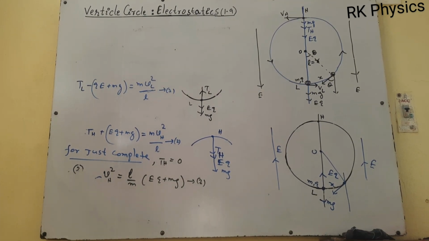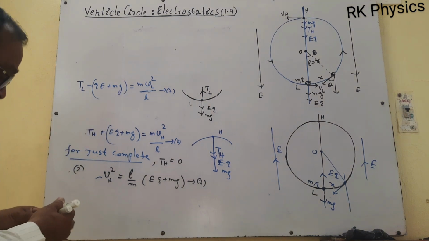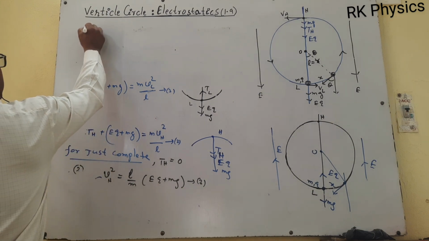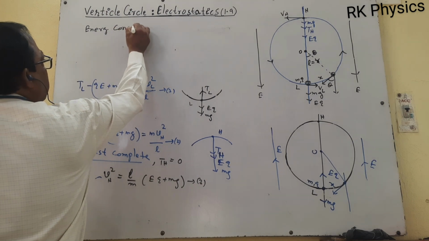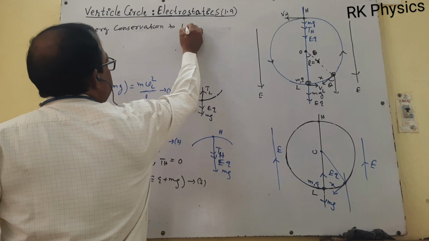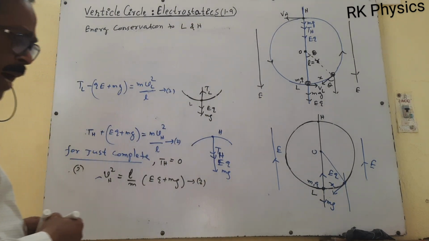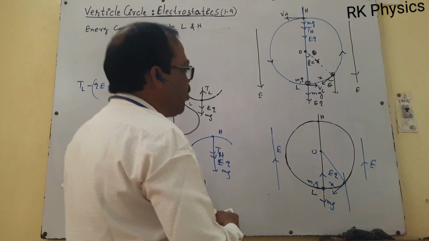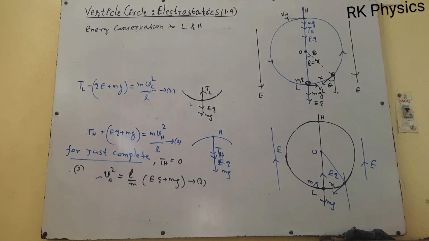Now, to find out VL, you can use the energy conservation between the lowest point and the highest point. At the lowest point, kinetic energy is half m VL square.